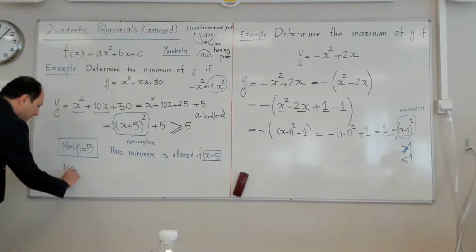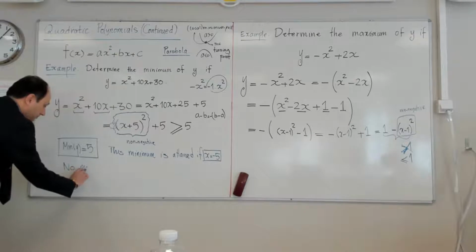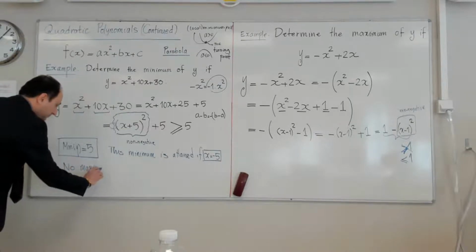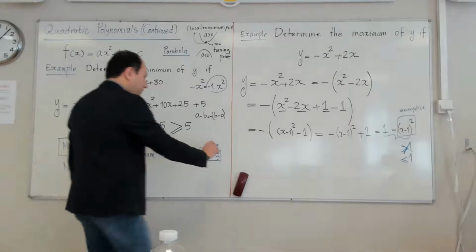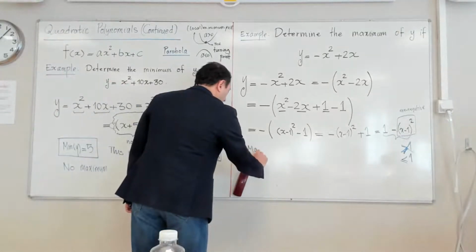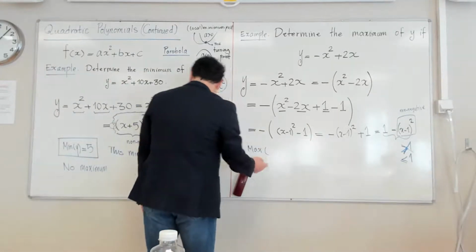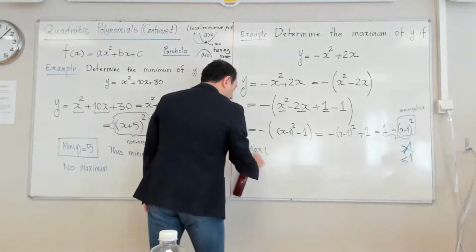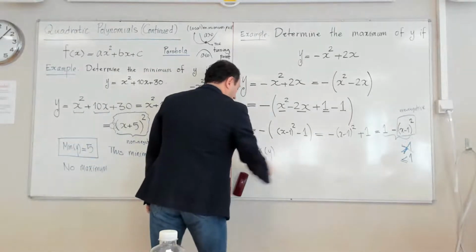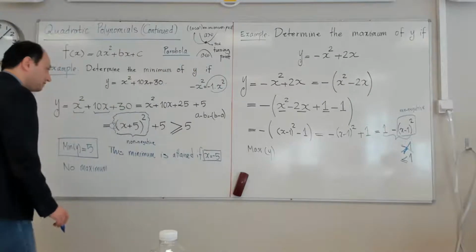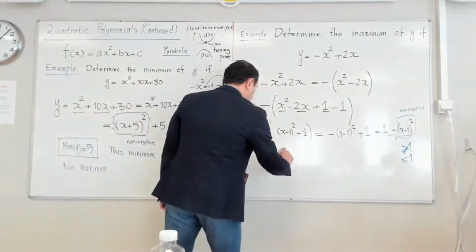Here, I would write maximum. It doesn't matter if you write a capital letter, it's not important. Instead of writing English, I'm just writing, I'm a little bit lazy in writing. Okay, maximum of y is equal to 1.